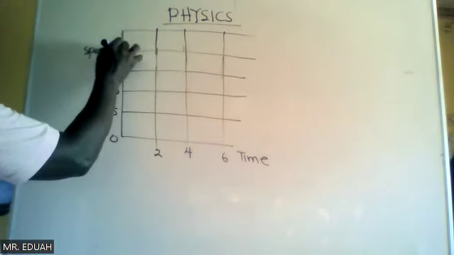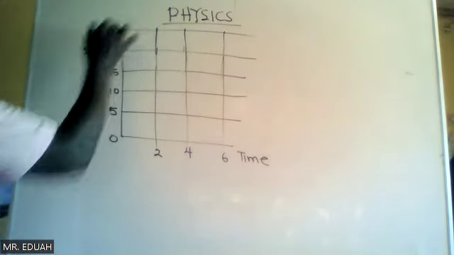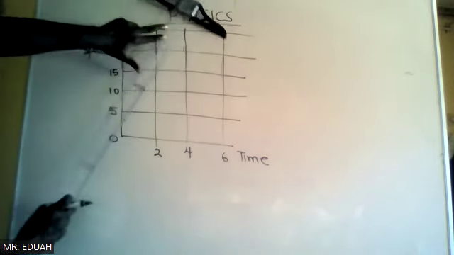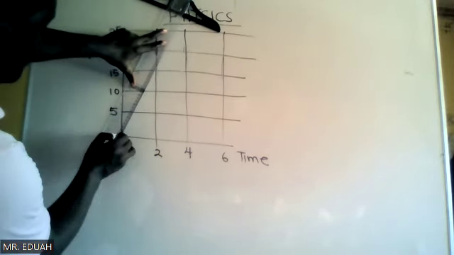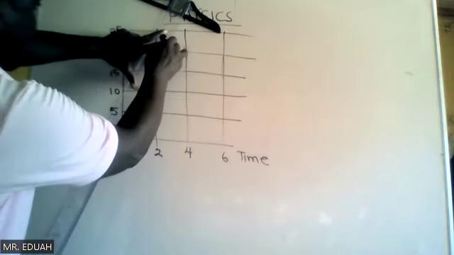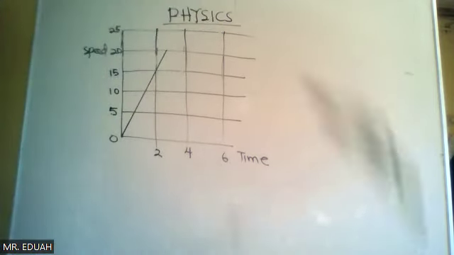So 20, 25. Then we have graph A passing through from 0 to 15.